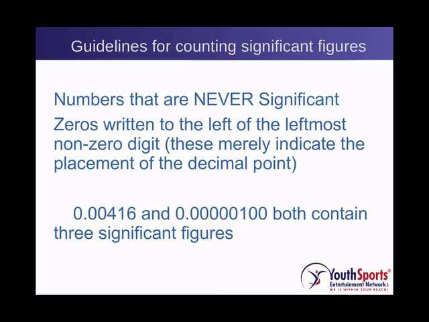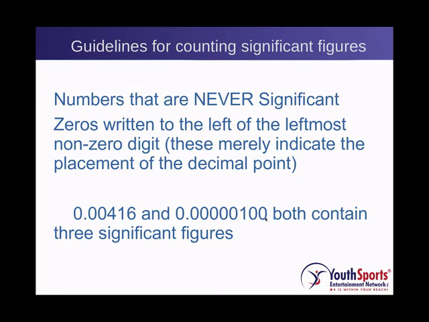Numbers that are never considered significant, the examples are zeros written to the left side of the leftmost non-zero digit. For example, in this number, the leftmost non-zero digit is a 4. So any number of zeros written to the left side of that, they are not considered significant. In this number, you have this non-zero digit here, and you've got these 6 zeros written to the left side of it, so they are never going to be considered significant.